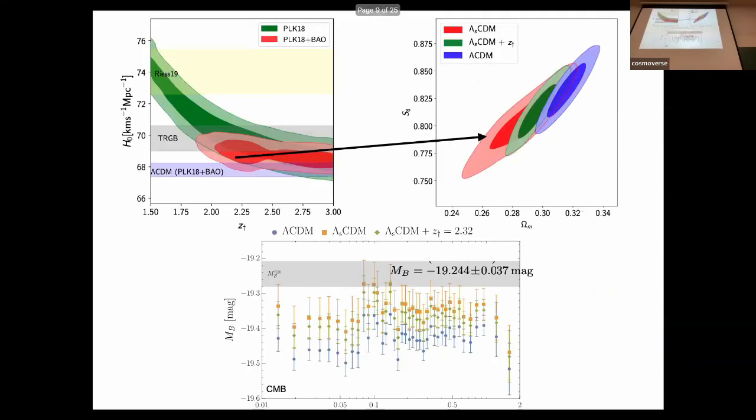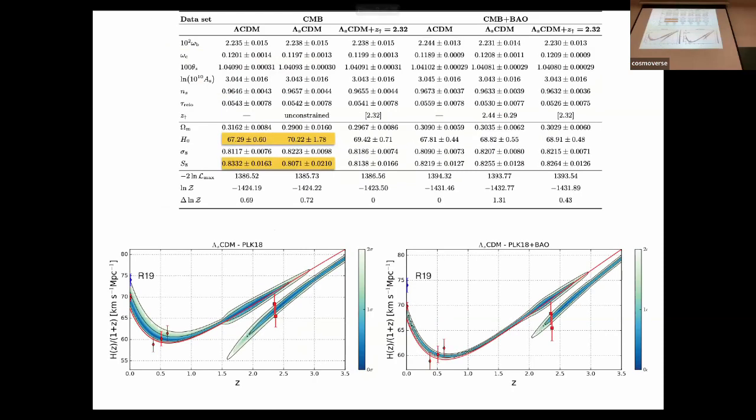From CMB analyses, you see this behavior. So the thing is this: when we put in BAO data, this data point here doesn't allow the model to go to those small Z dagger values, okay?